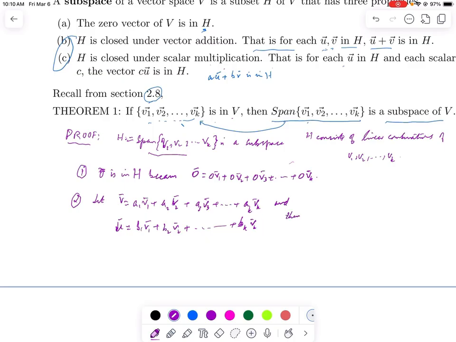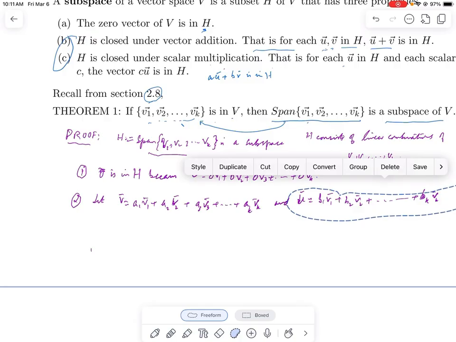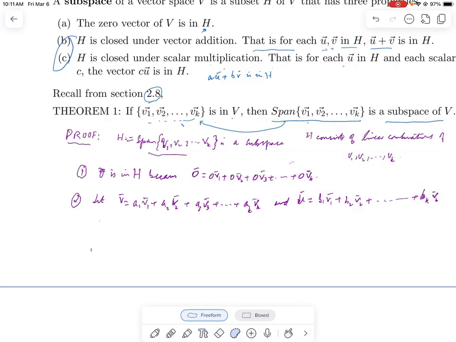Then v vector plus u vector will be, you see, a1 v1 plus b1 v1, so a1 plus b1 times v1, plus the same, a2 plus b2 times v2, plus dot dot dot.